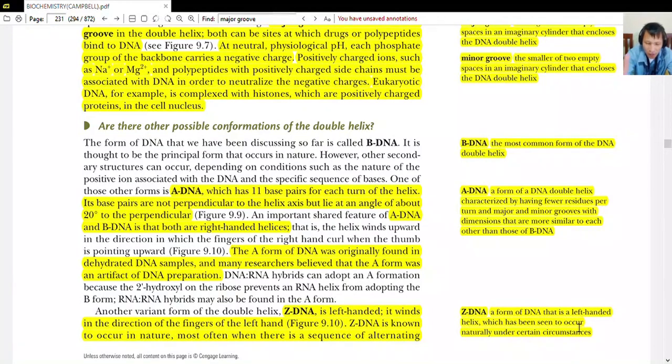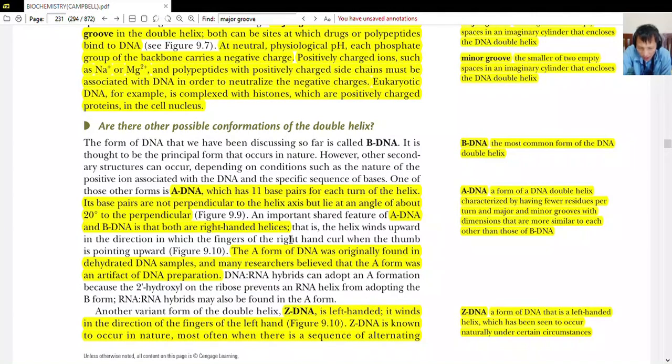Maybe you can see the next photos, where I've also highlighted the aDNA, which has 11 pairs for each turn of the helix. I think for the bDNA, the common one, it has 10. So aDNA has 11 for each turn of the helix.